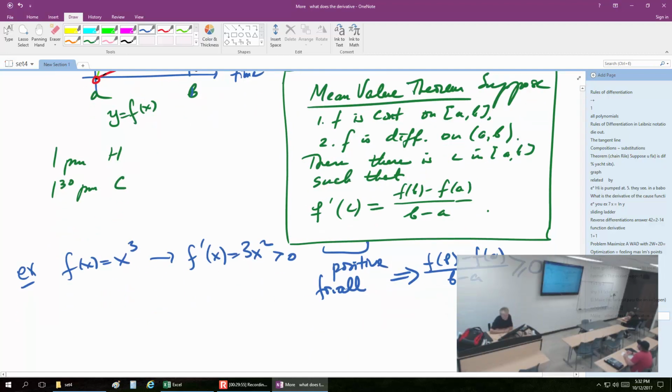Since b minus a is positive, because we chose b larger than a, we conclude that f of b will be larger than or equal to f of a.